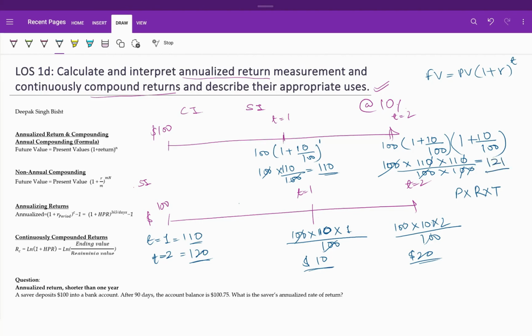At the end of year 2, I am going to get 121.